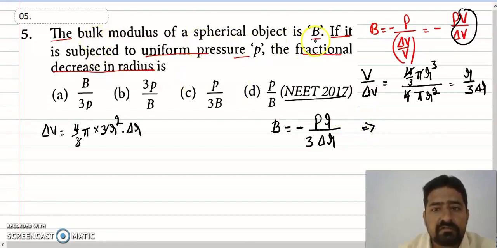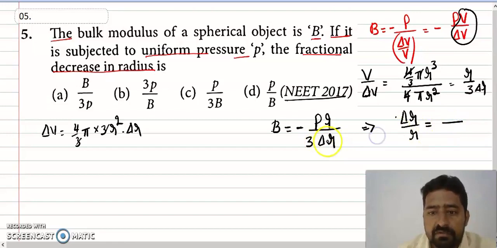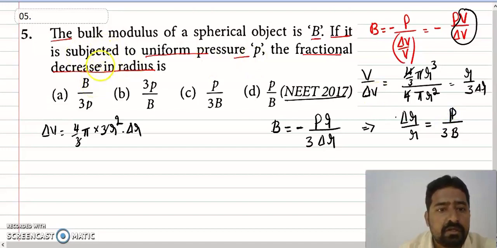The bulk modulus of the spherical object is B, if subjected to uniform pressure P. The fractional decrease in the radius: so delta R by R is equal to, in place of delta R, P, and in place of R, 3B. It decreases, so with a minus sign.